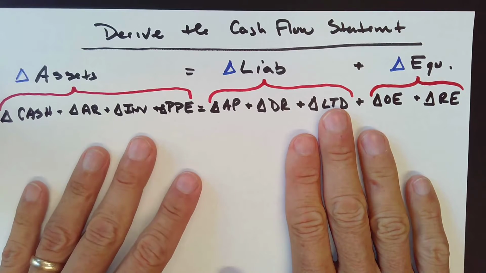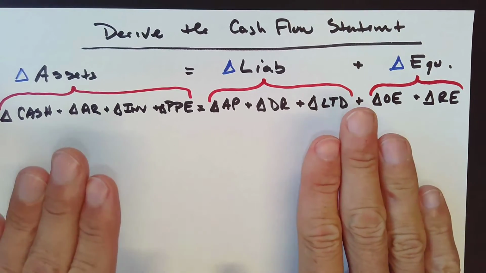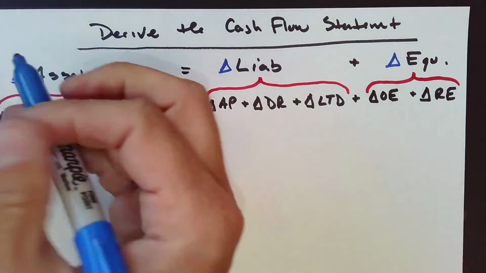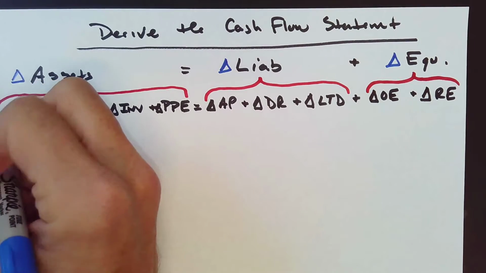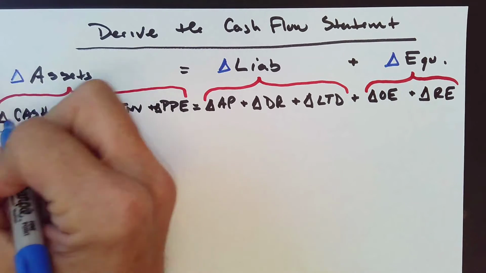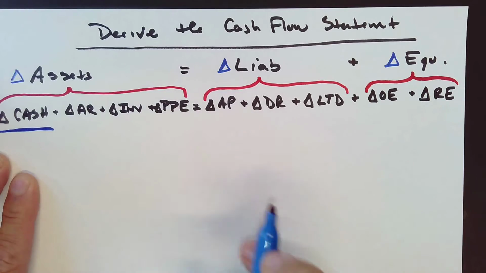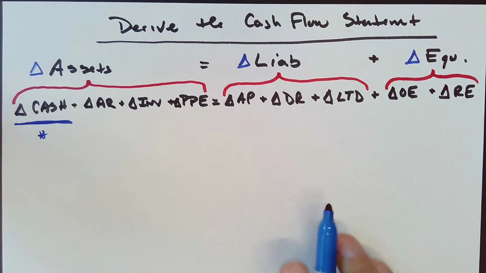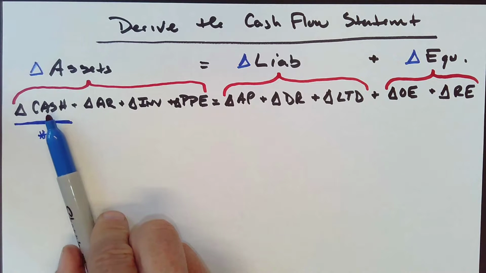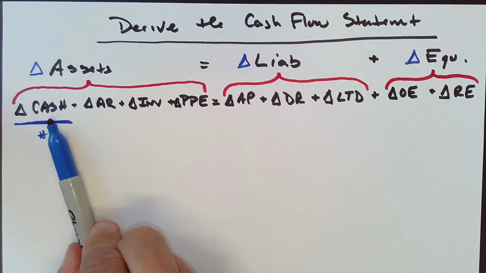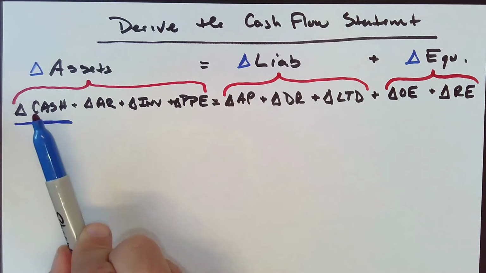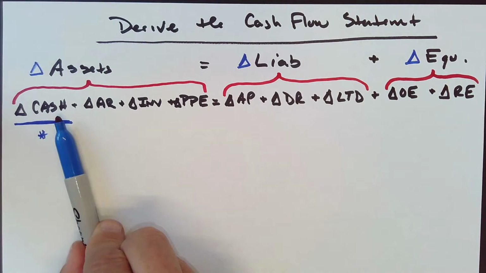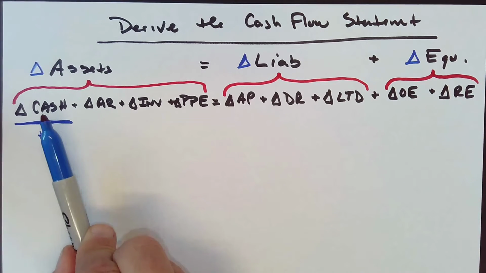This is getting exciting. Now the cash flow statement is focused primarily on solving for that. That's our focal point. So if that's our focal point, then we need to isolate this algebraically to one side of the equation, and then everything else should equal the change in cash.